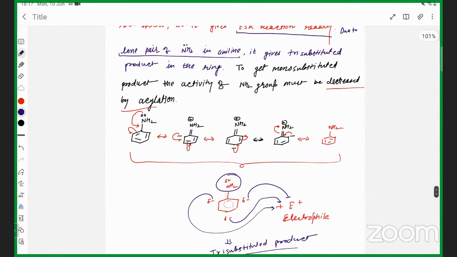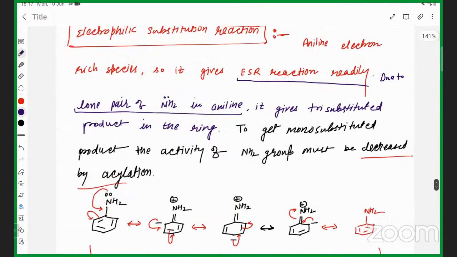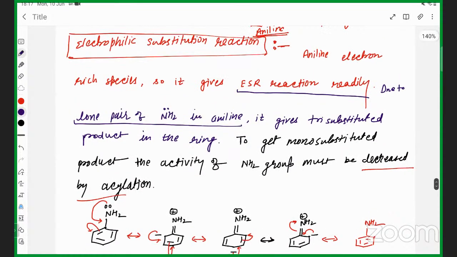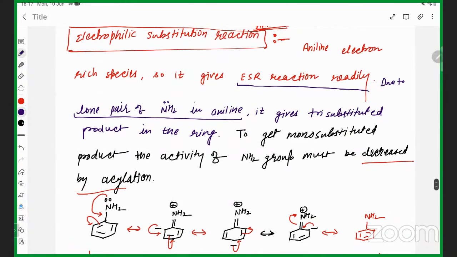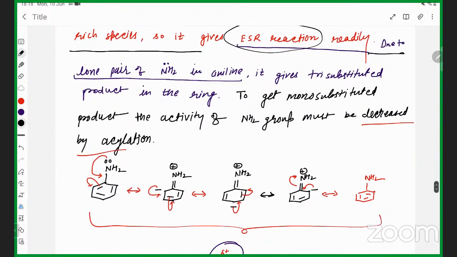So this is what we studied in the morning, the electrophilic substitution reaction. I told you aniline is an electron rich species, so it gives the electrophilic substitution reaction readily. Due to the lone pair of NH2 in aniline, it gives a tri-substituted product in the ring.